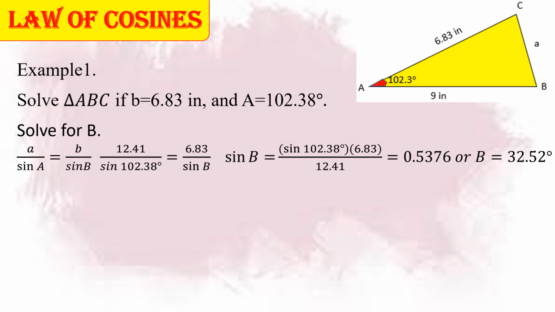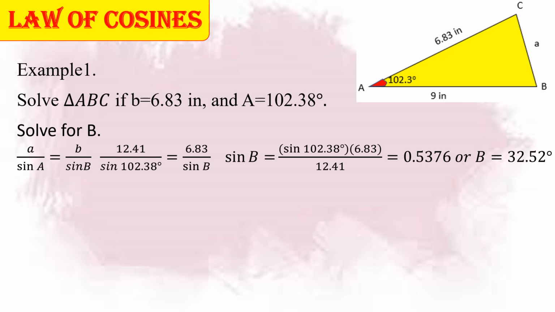So A is what? 12.41 from the last slide. And sine A is sine 102.38. And then it is equal to B, which is 6.83, over sine B, which is the unknown. And that's what we're going to look for.